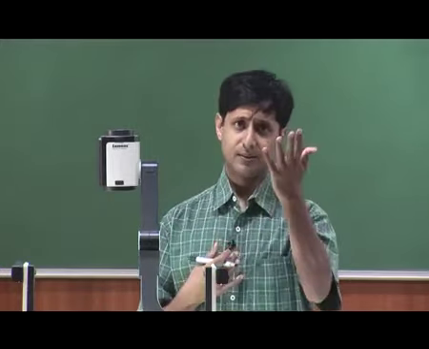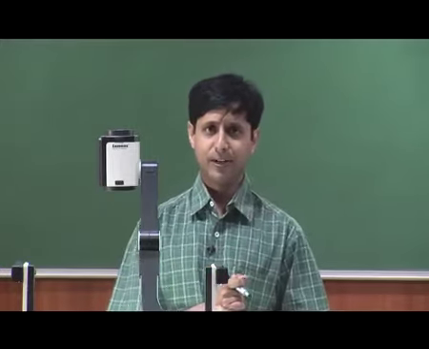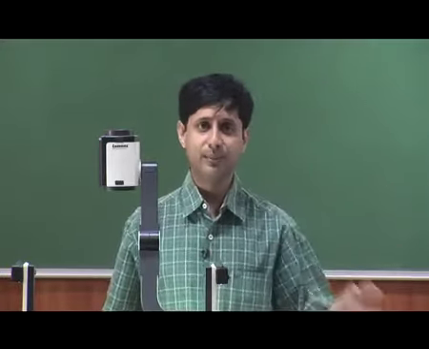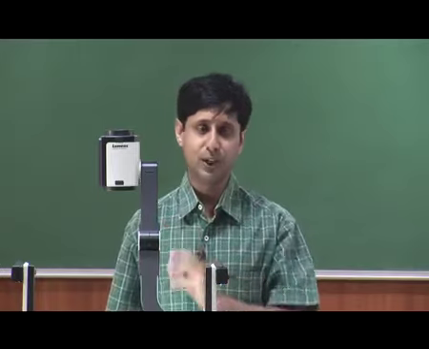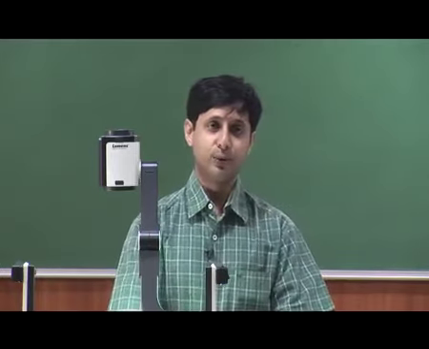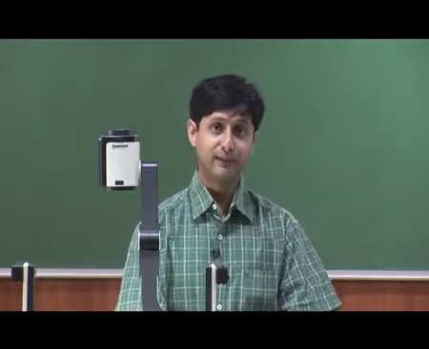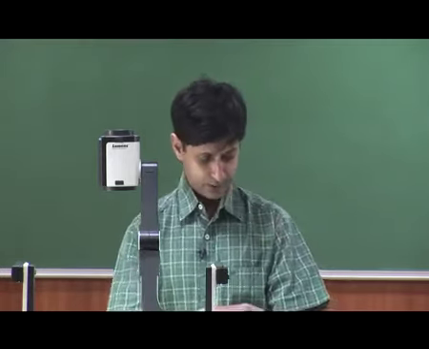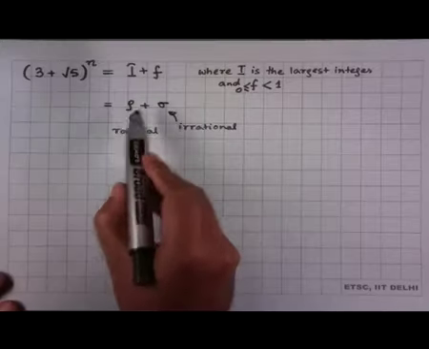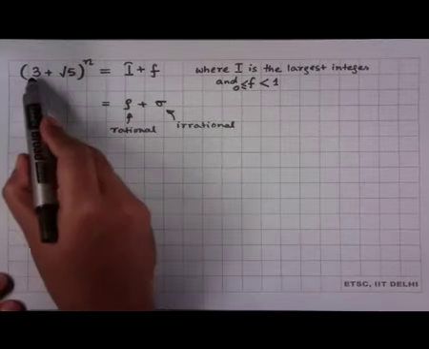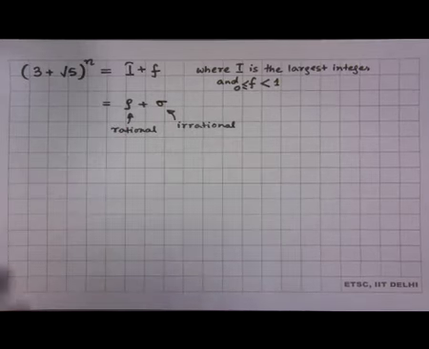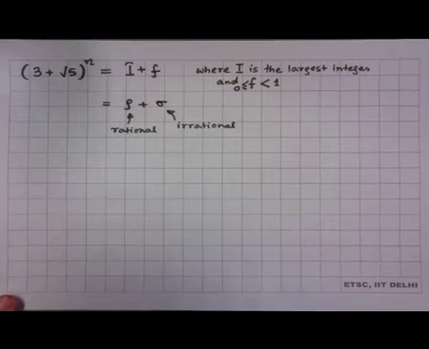But in 3 plus root 5 whole power n, you are going to break it up into pieces. There are going to be integer pieces, and then there are going to be pieces which are going to be factors of root 5. So, if you have got root 5 in it, then that is the irrational part. Okay. So, here he is declaring that rho is the rational part of 3 plus root 5 whole power n, sigma is the irrational part of 3 plus root 5 whole power n.